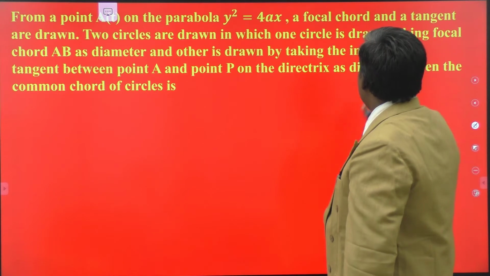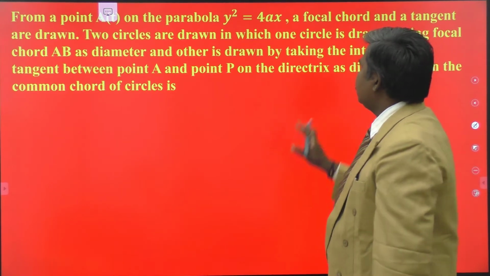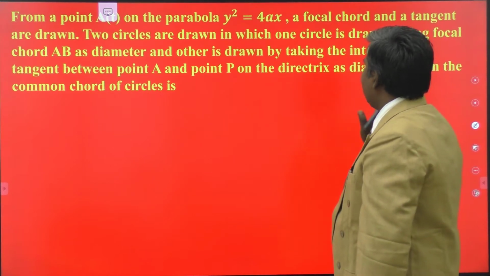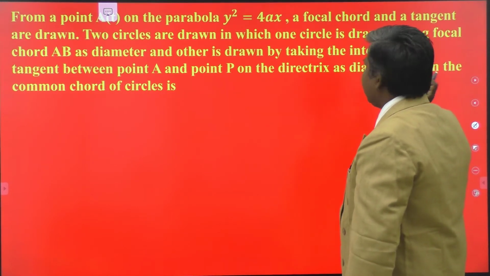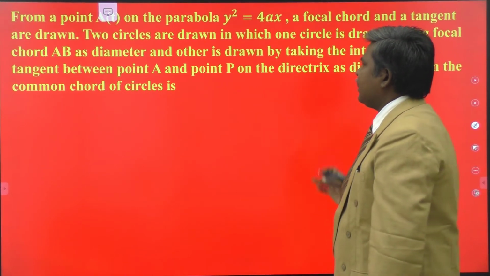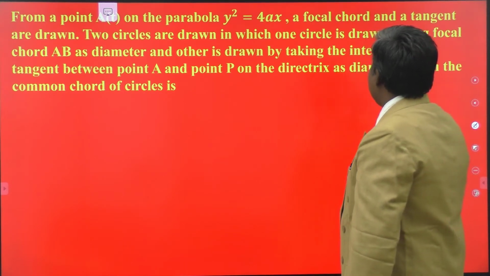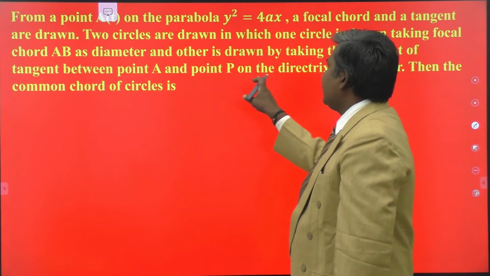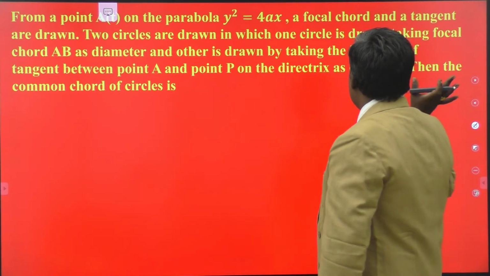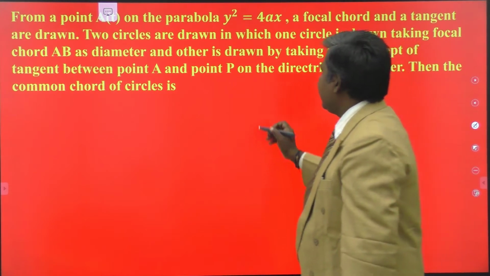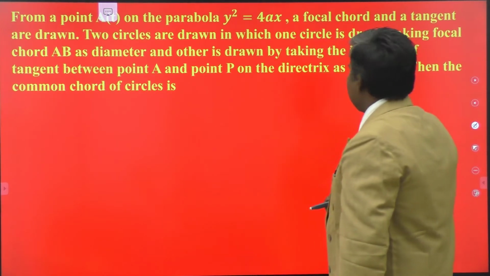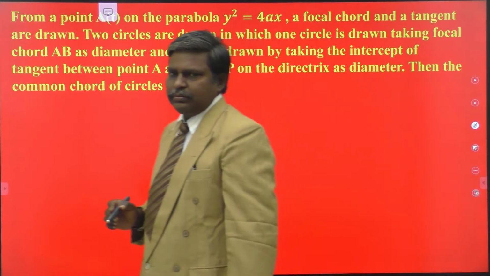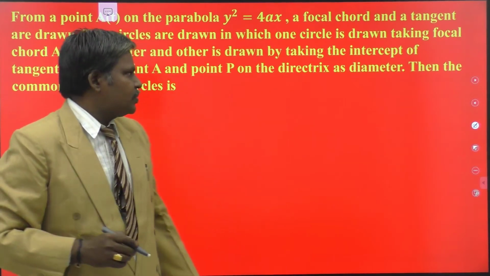A focal chord and a tangent are drawn through that point P. Two circles are drawn, in which one circle is drawn taking the focal chord as diameter, and the other is drawn by taking the intercept of the tangent between the point A and point P on the directrix as diameter. Then the common chord of the circles is what? This is the question. Very simple question.